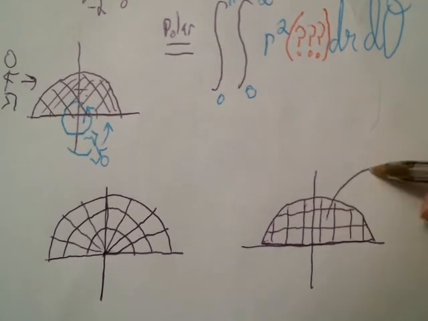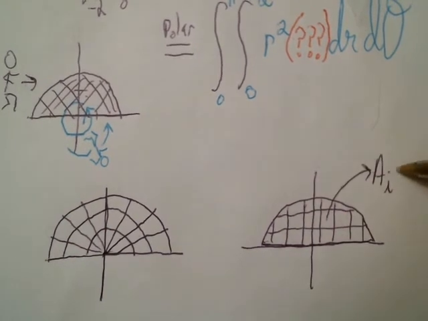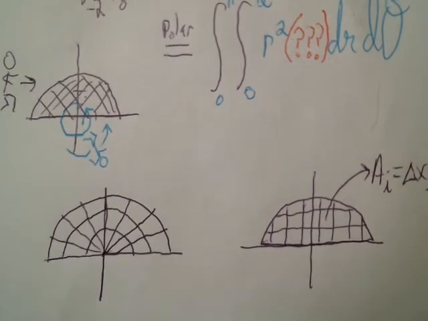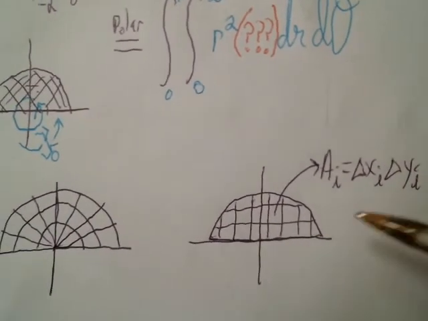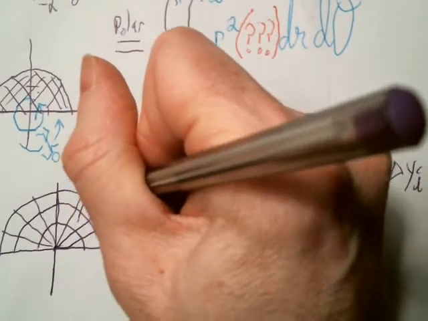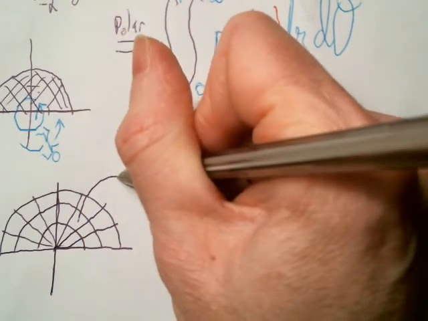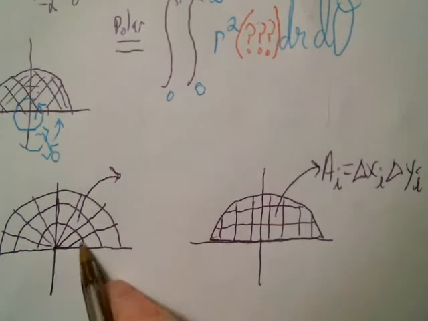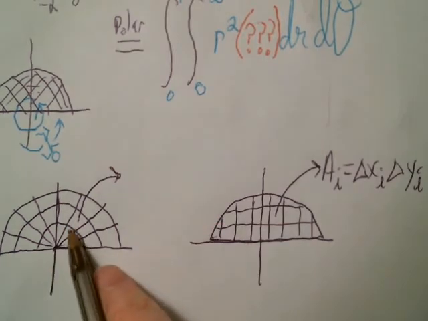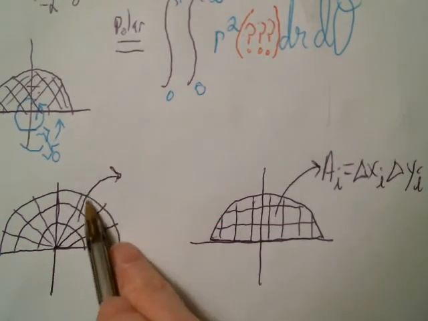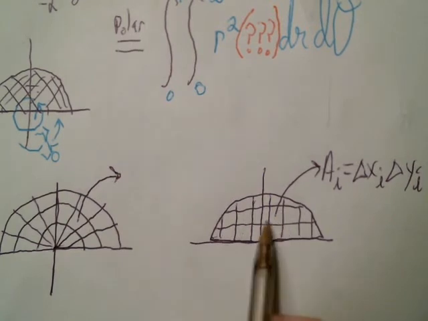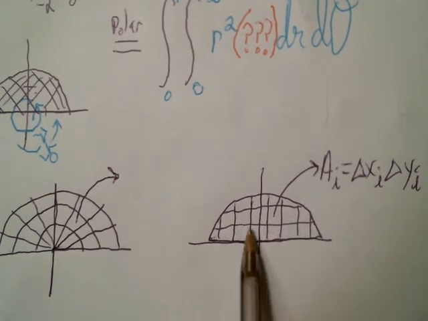So these will always be a sub i equals change in x sub i times change in y sub i. But these are dependent on your r position, how far away you are from the origin. You can see visually they're getting bigger and bigger.